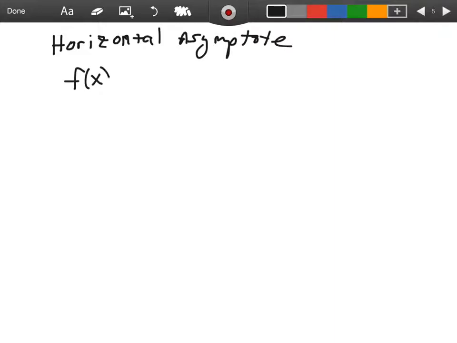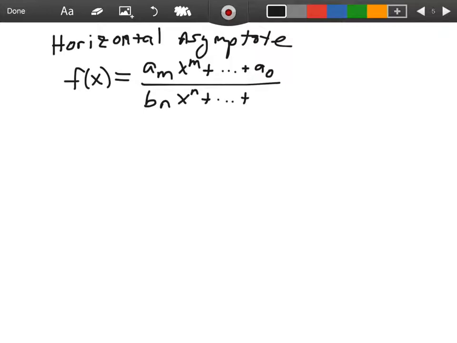Well, this one's just kind of like a little classification chart. If we have something in standard form, we'll agree that the top part is degree m, and the bottom part is degree n.